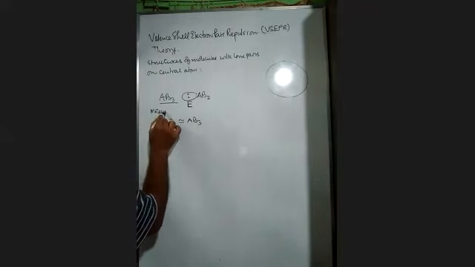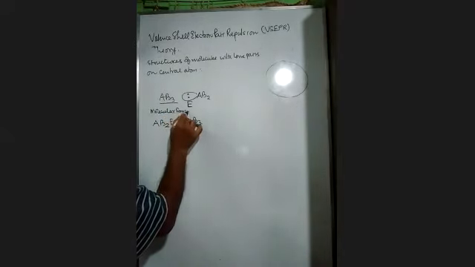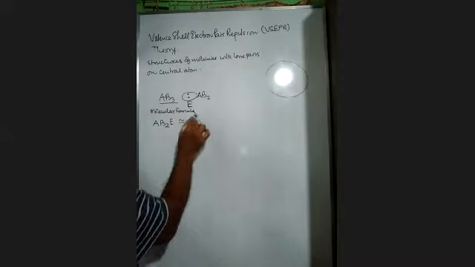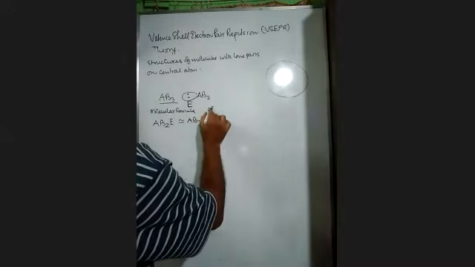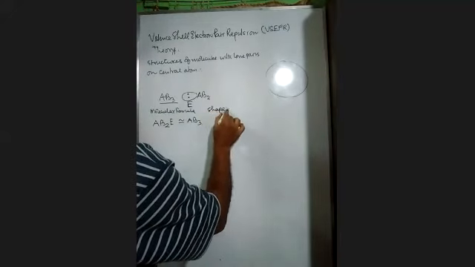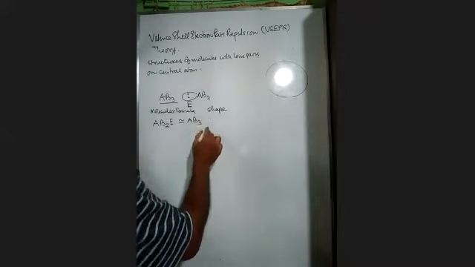Okay? So it is molecular formula. So if it is AB3, what should have been the shape? The shape we know.